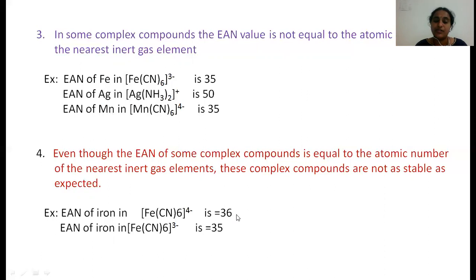According to Sidgwick theory, if the EAN of the central metal atom equals the inert gas atomic number, it should be highly stable. But this complex has an EAN of 36 and still does not show more stability. Similarly, in this complex it is 35, not equal to the EAN of an inert gas element, but it shows stability.